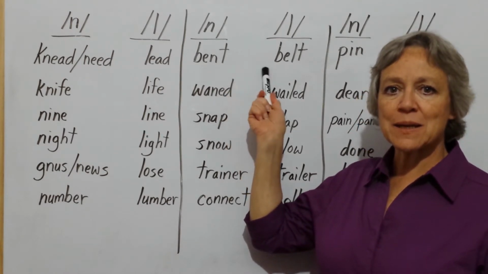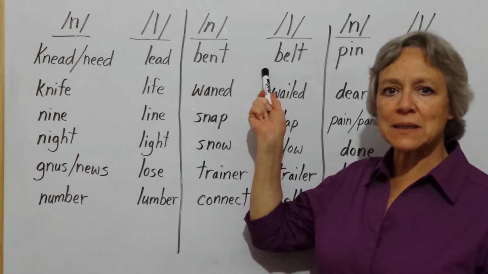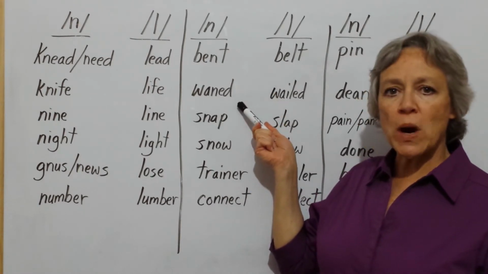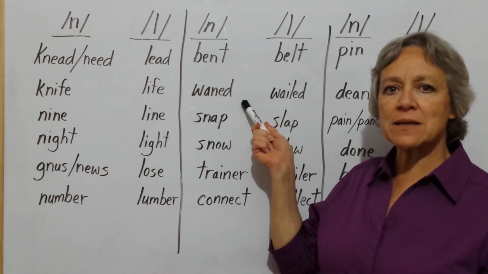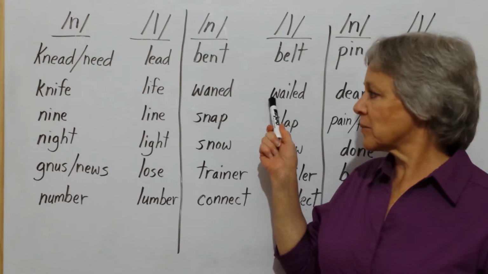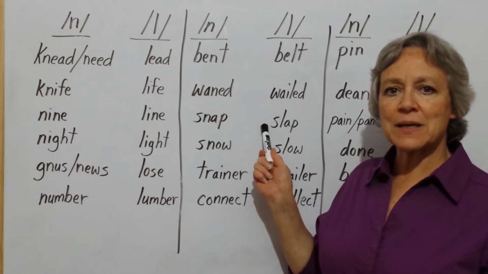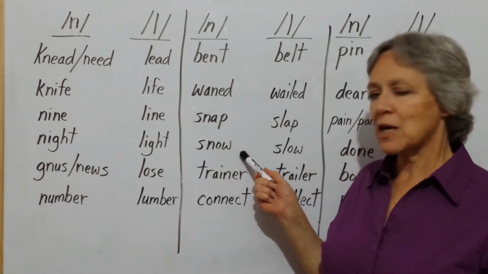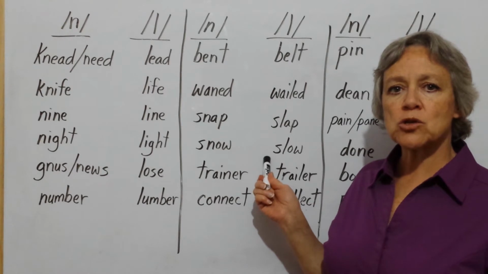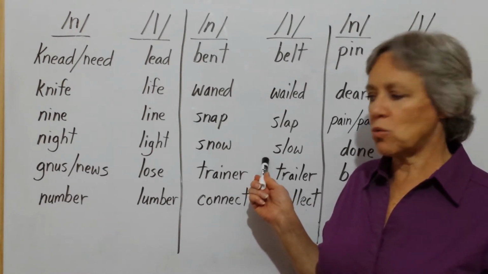Bent, belt. Waned, wailed. Snap, slap. Snow, slow.